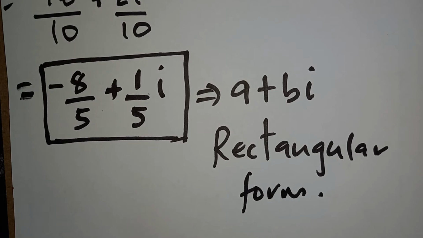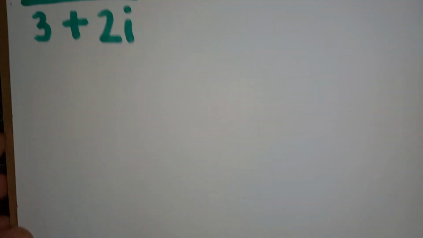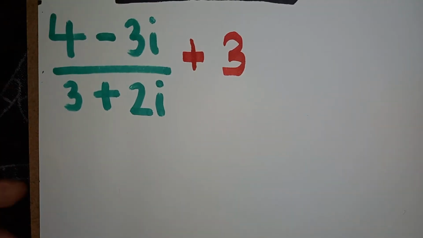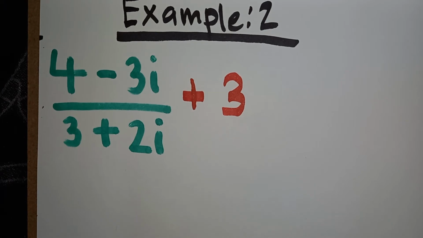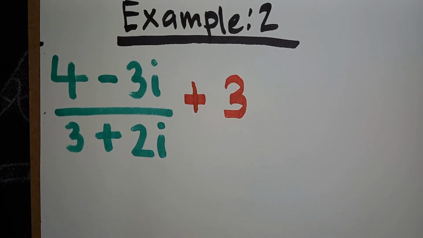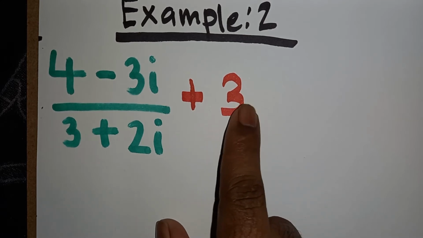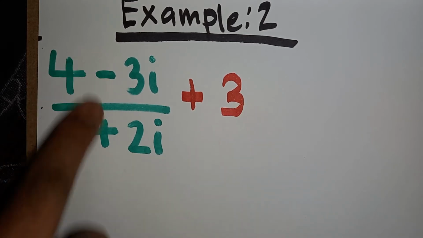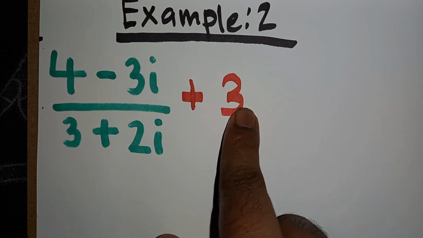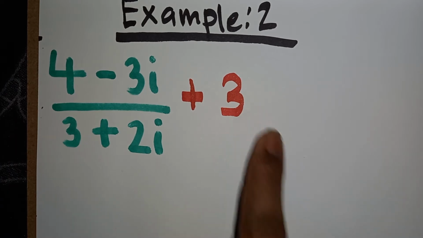So that is how we divide two complex numbers. Now let's do another example. Example 2 is similar to example 1, but the only difference is we have another constant here. We have two complex numbers and another constant, 3.